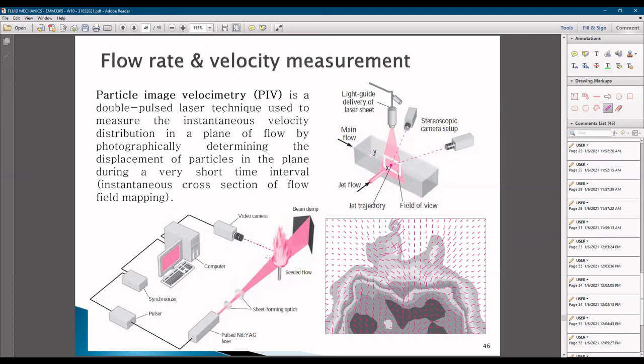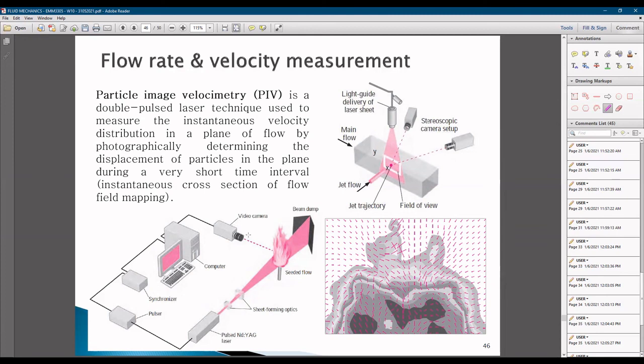In that particular smoke, we release some sort of seeding, a specialized particle that will be monitored by this video camera.